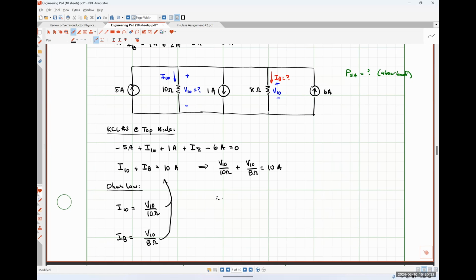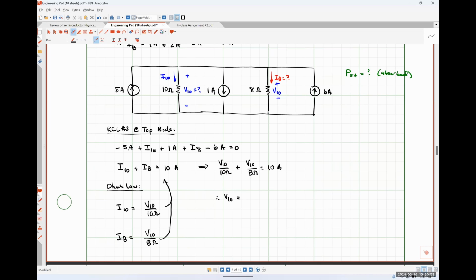And we can solve that for V10, which I can't do this one in my head, so let me throw it in a calculator real quickly. So x over 10 plus x over 8 is equal to 10.